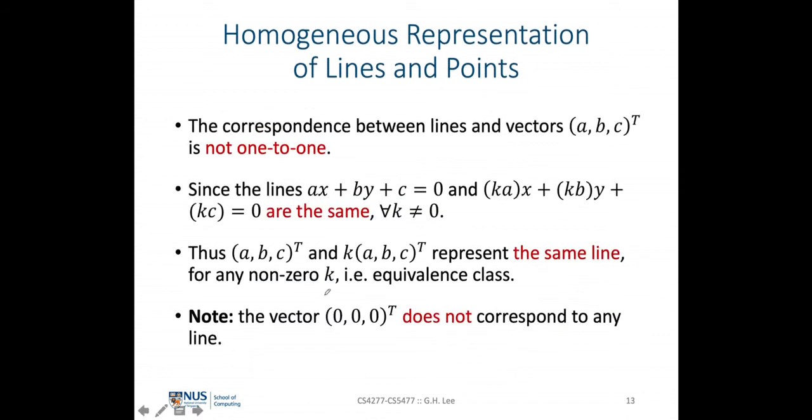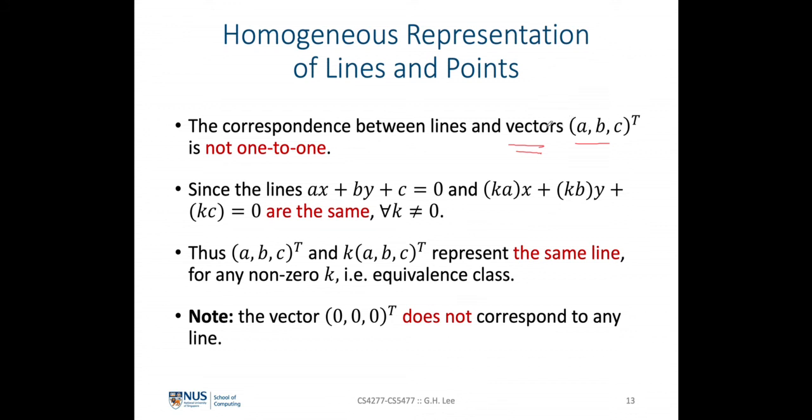It's important to note that there is no one-to-one correspondence between the homogeneous representation of a line as the 3-vector a, b, c and the usual vectors we know in Cartesian space, a, b, and c transpose.